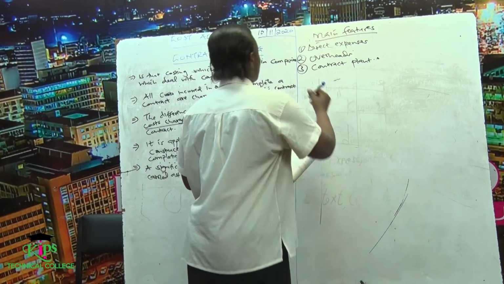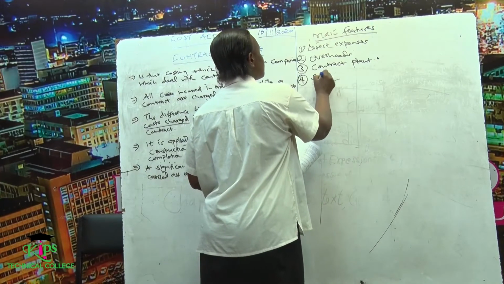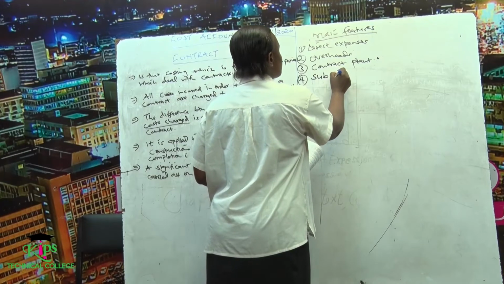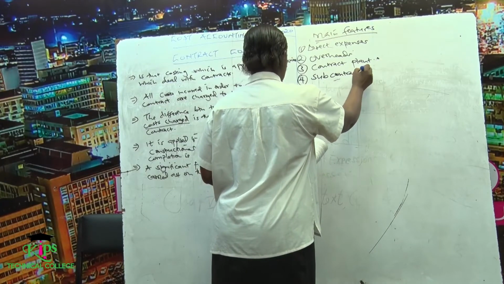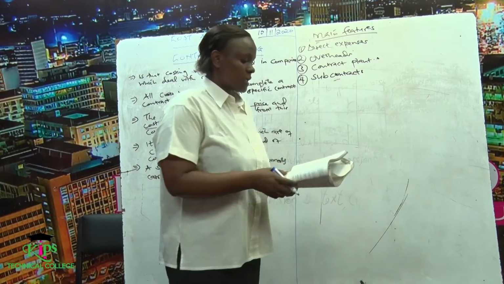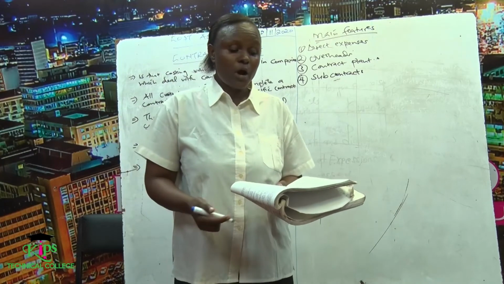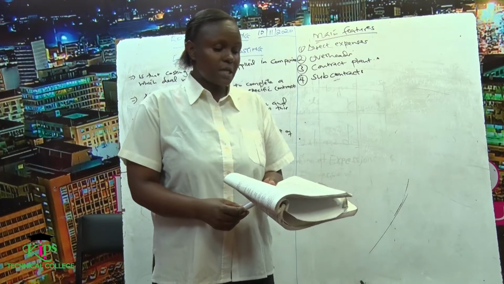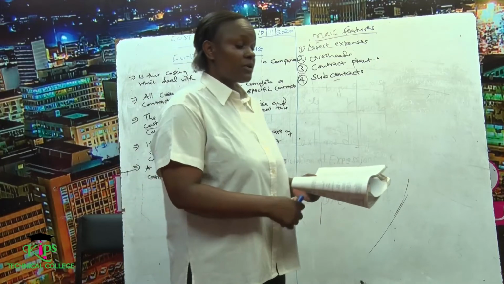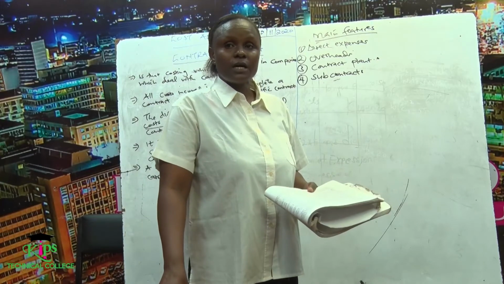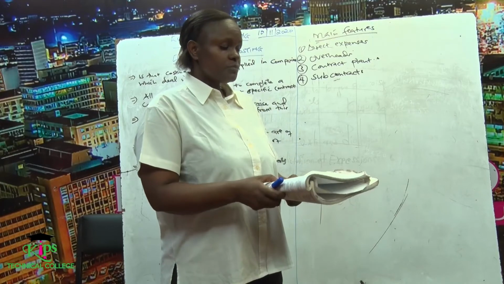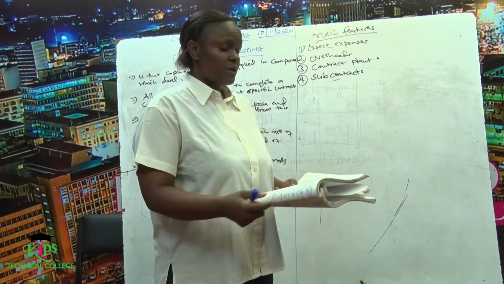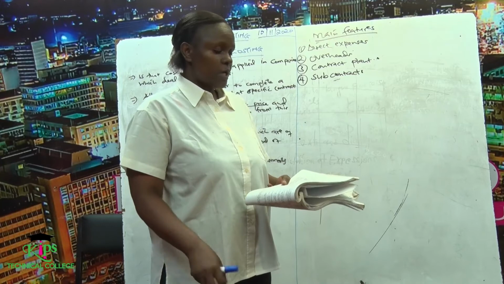Another feature is subcontracts. Sometimes the contractor can assign some work to subcontractors. For example, electricity or plumbing work can be given to another contractor. Those who are given some part of the work, we call them subcontractors.